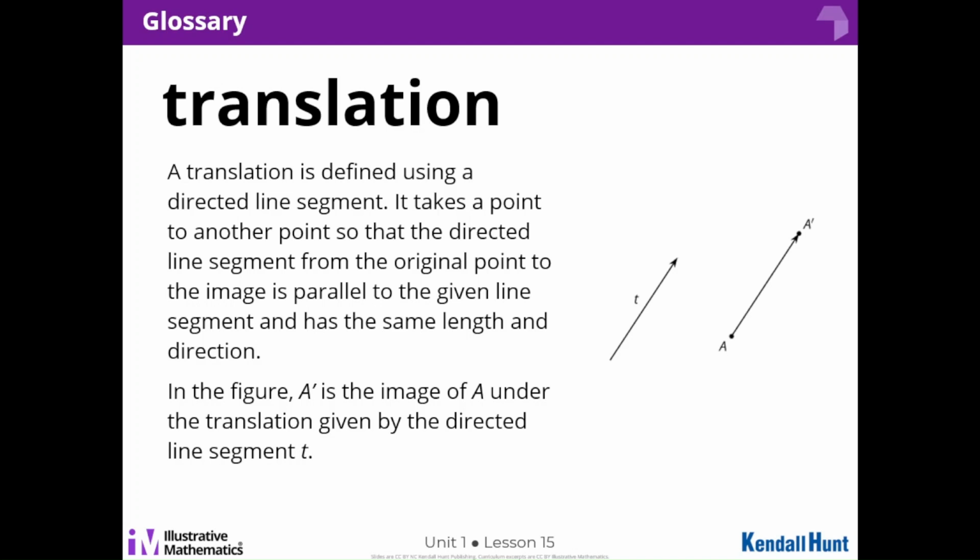So in the figure on the right here, we would say that A is the original point and A prime is the image of A, and it's directed up and right, and we know that because of the directed line segment T.